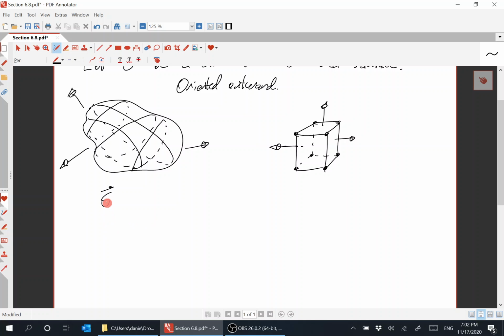Let E be the region inside S. Denote the solid three-dimensional region inside S.